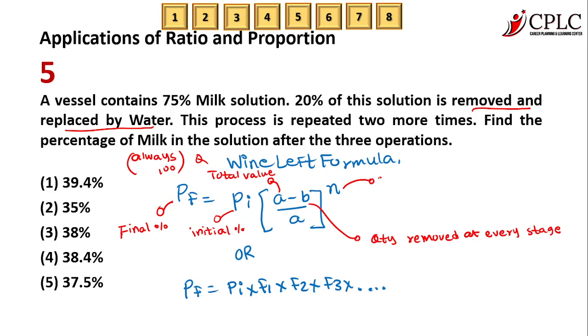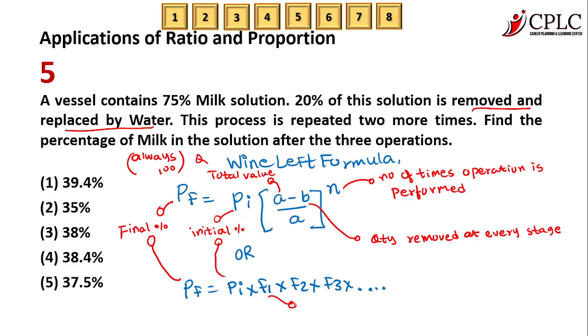Small n is the number of times the operation is performed. The second formula, PF and PI, remain the same: final percentage and initial percentage.